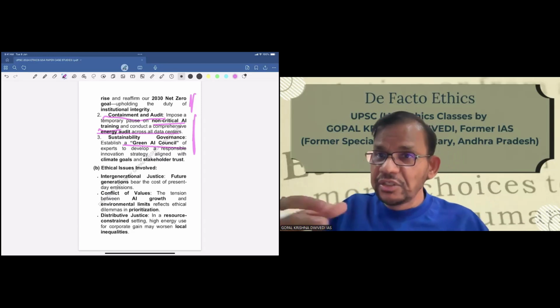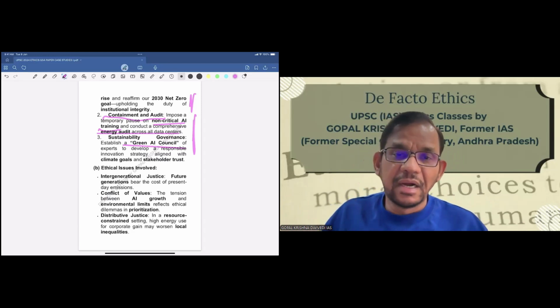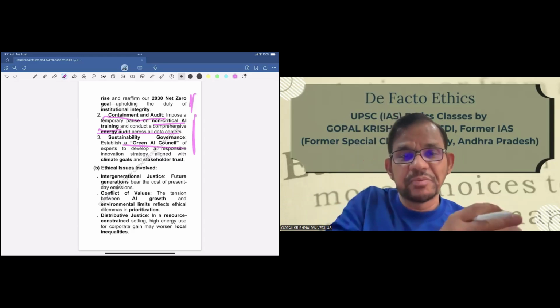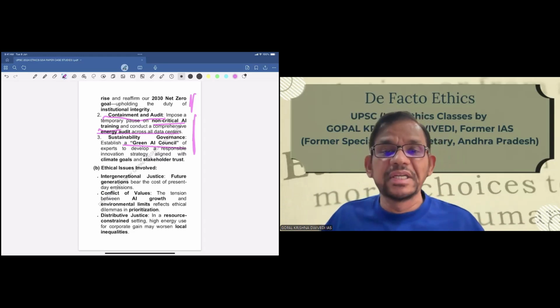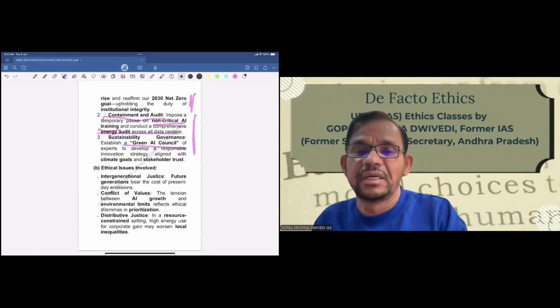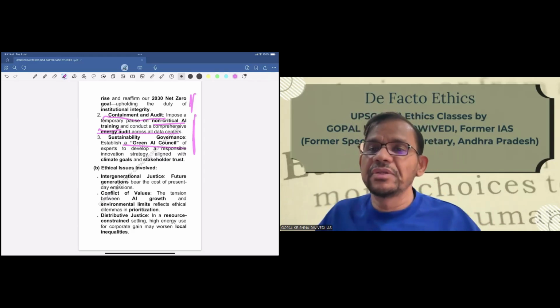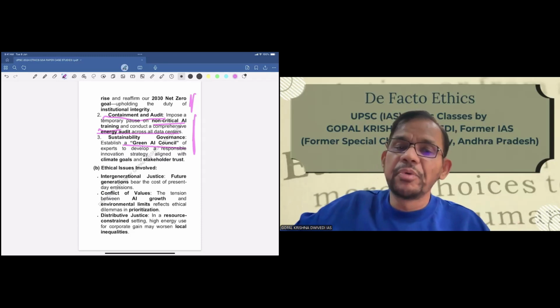Second, analyze your internal organization, conduct an audit. Third, establish an expert committee to develop a responsible innovation strategy aligned with climate goals on the one hand, and on the other hand, stakeholders' trust. So that both objectives, the objectives of the organization as well as the environmental goals, are taken up together.